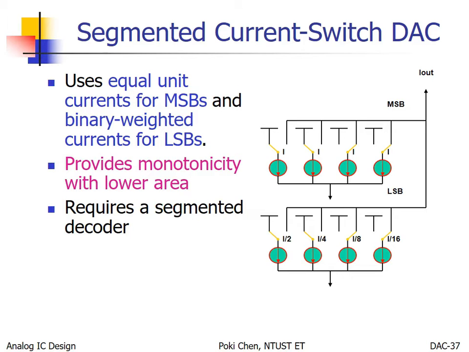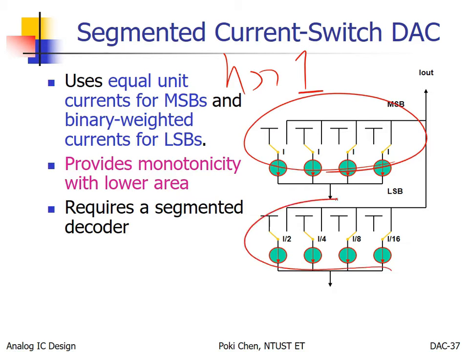So the problem is, if N becomes too much, you need to handle too many current sources. That is mission impossible because you need to match all of them. That is too much. So what we can do is compromise between the unit current sources and binary weighted current sources.